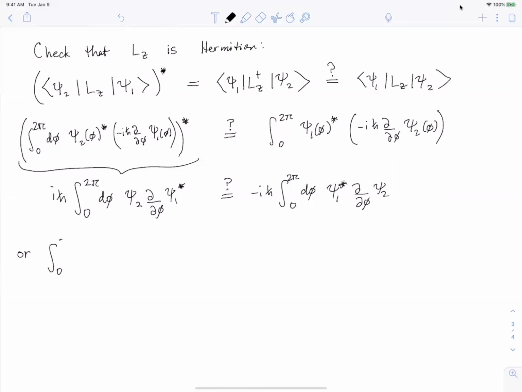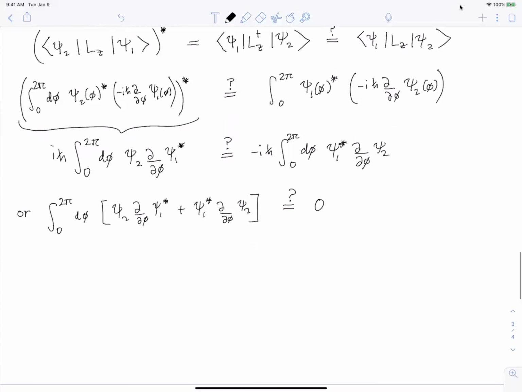I'm asking whether the integral 0 to 2 pi of d phi of psi2 partial phi psi1 star plus psi1 star derivative of psi2 is 0. If it is, then L sub z will be a Hermitian operator.